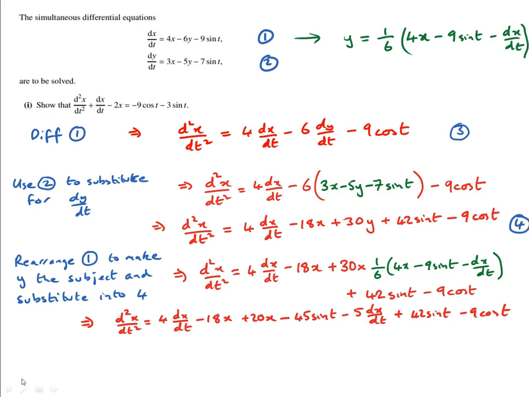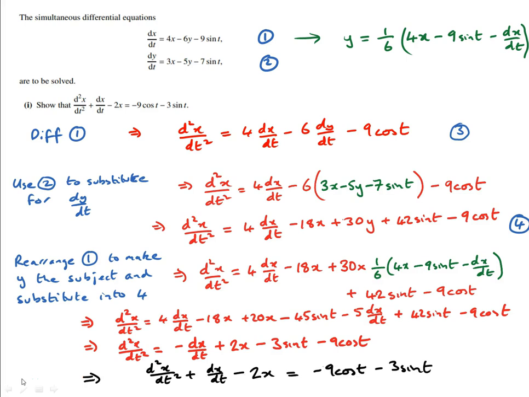And then I've got minus 5 lots of dx by dt, and I've still got the plus 42 sine t minus 9 cos t. So we've now got d2x by dt squared equals minus dx by dt plus 2x minus 3 sine t minus 9 cos t. In other words, d2x by dt squared plus dx by dt minus 2x equals minus 9 cos t minus 3 sine t.